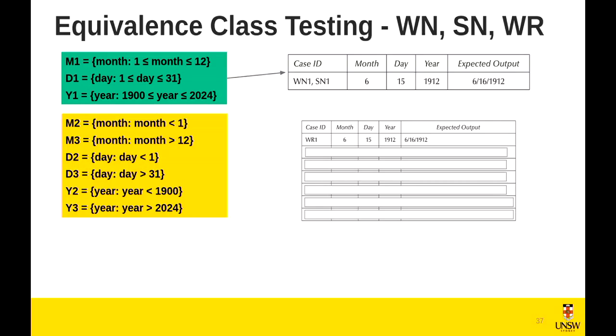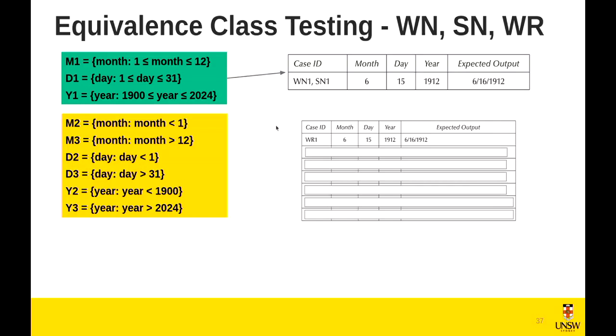And for the weak robust test cases, we need to not only consider the valid cases, we should also consider the invalid inputs, which means that we should consider the equivalent classes of the invalid inputs.